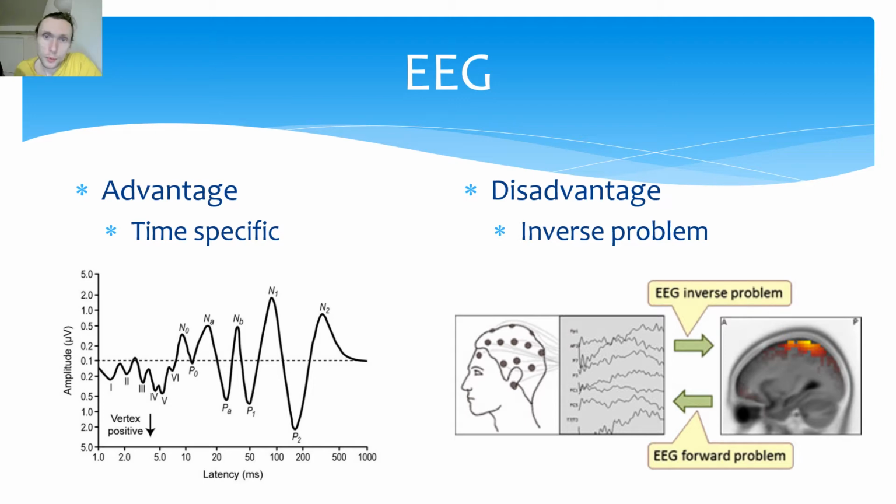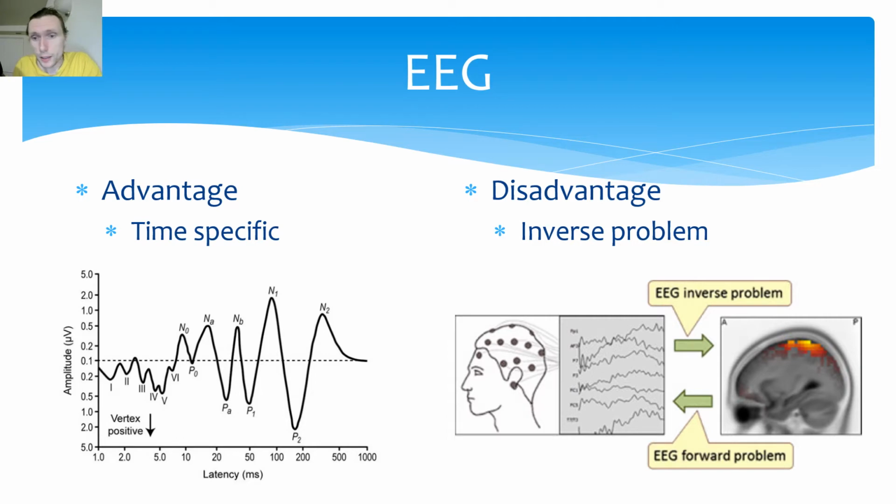So when it happens in the brain, you will also see it. So the timing specificity is in the millisecond range, and that's very, very good. However, of course, the disadvantage of EEG is that it's spatially not very, very good.